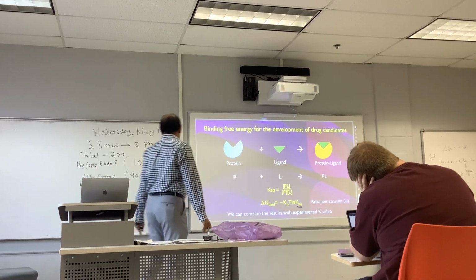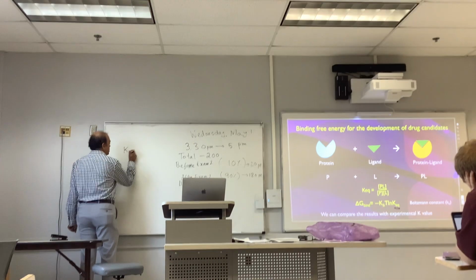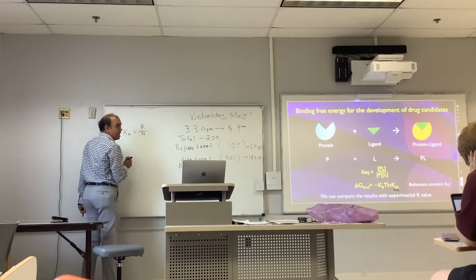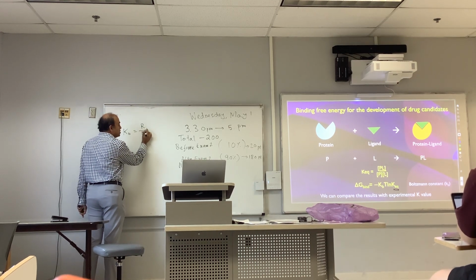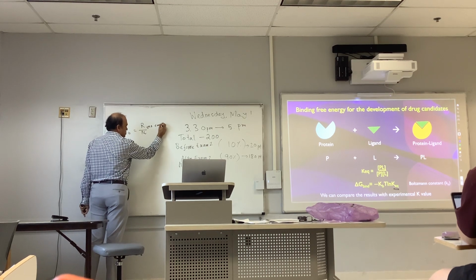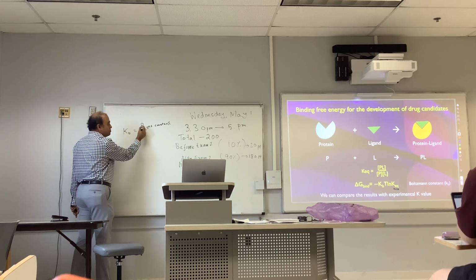So what is the Boltzmann constant? Kb equals R over N, where N is Avogadro's number and R is the gas constant. Both of them are constant.